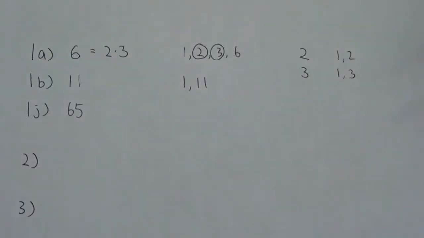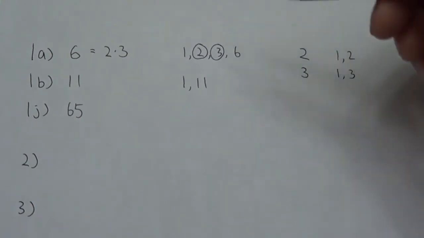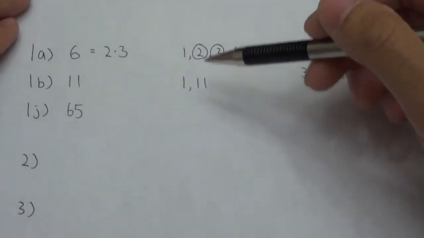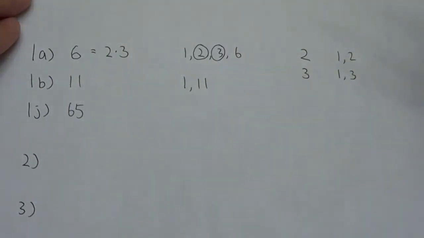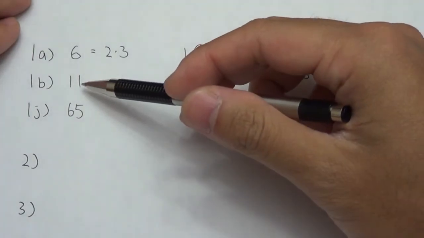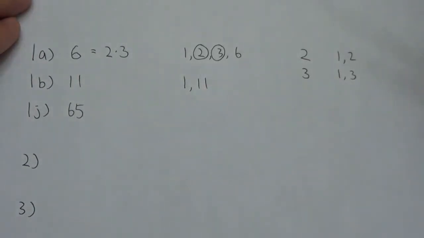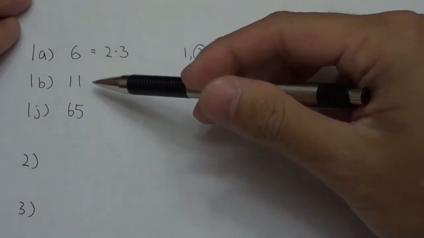All right, one of the tricks on knowing how far you need to go is to take the square root of the number you're trying to find. So the square root of 11, we don't know what it is, but we know that it is more than 3 because 3 times 3 is 9, and it's less than 4 because 4 times 4 is 16.